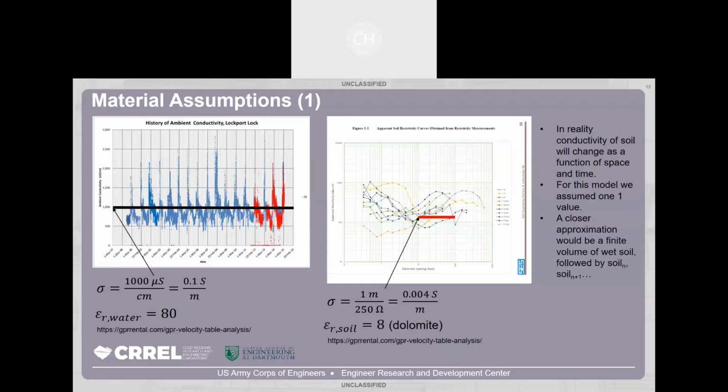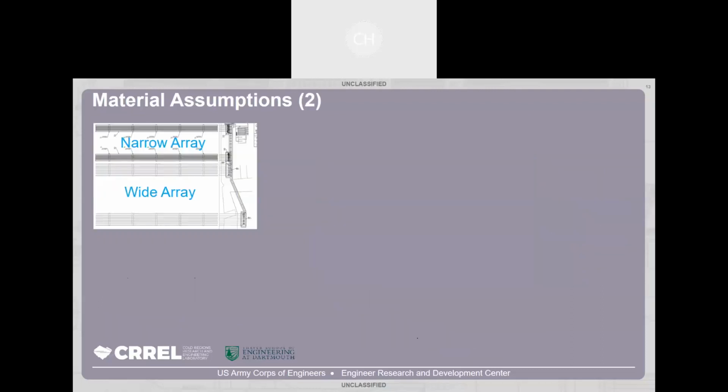Of course, a closer approximation would be a finite volume of the wet soil, so soil that's closest to the riverbanks, to the canal, and then as that gets out, it wouldn't be homogeneous. And that is actually something we're working on.